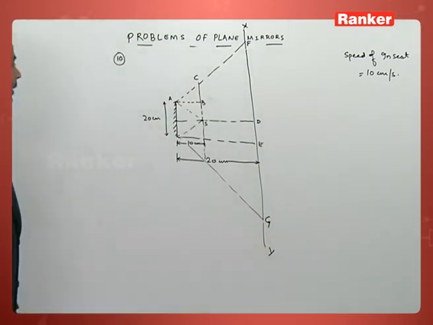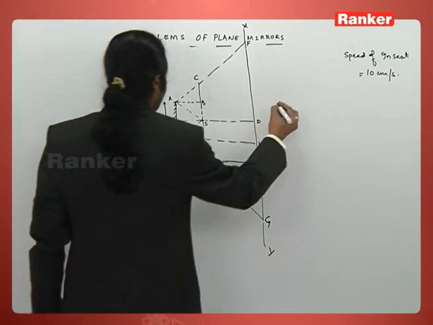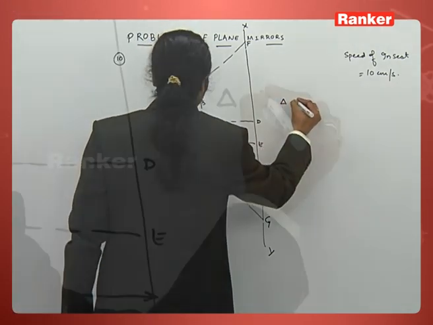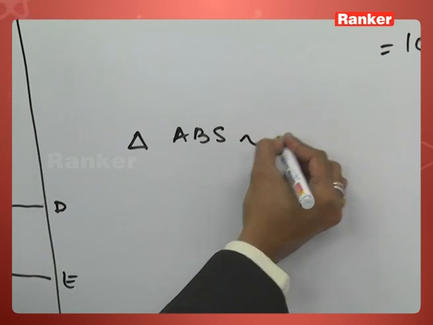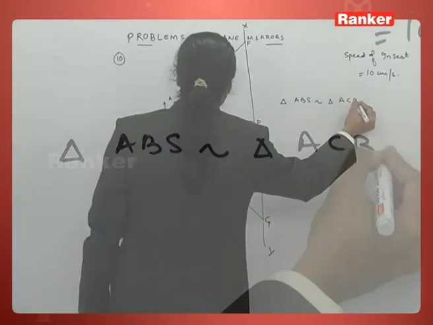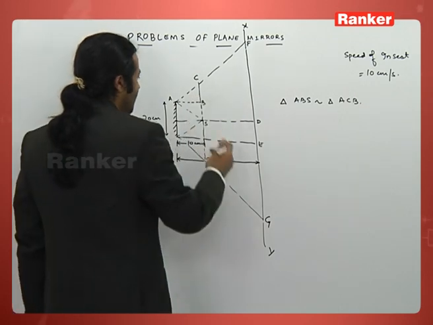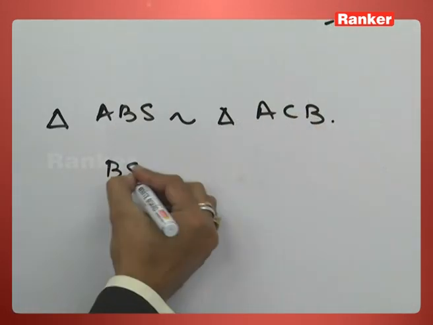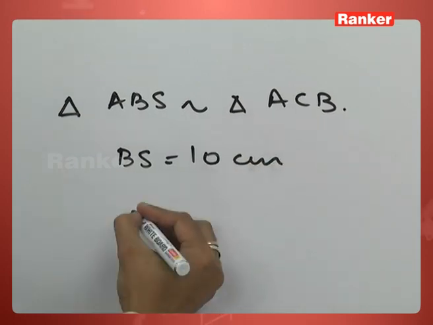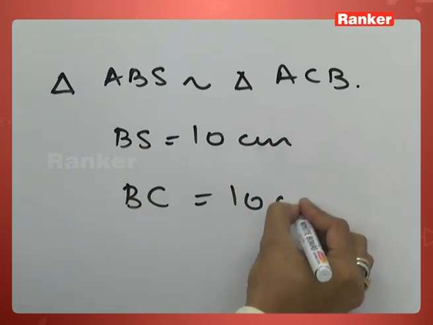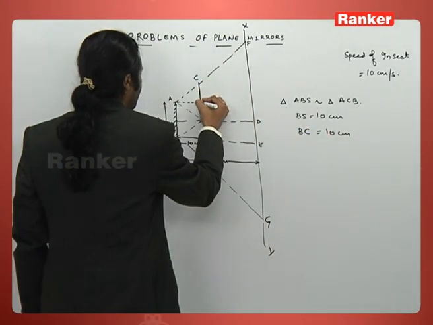Now triangle ABS is similar to triangle ACB. Obviously this is 10 centimeter. Since BS is 10 centimeter, BC will also be 10 centimeter. So this will be 10 centimeter.